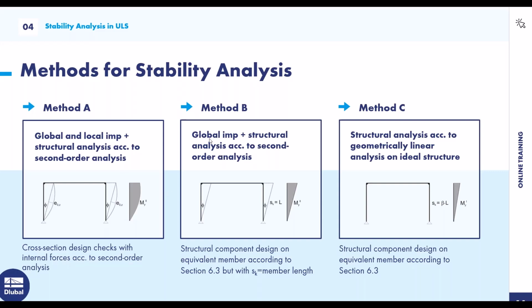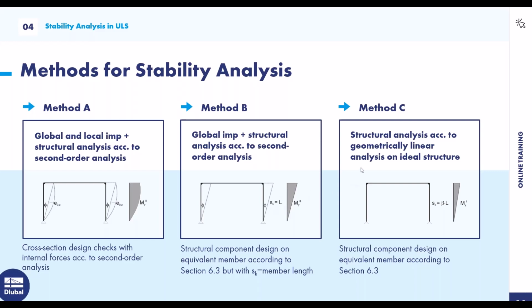Method B: global imperfection, meaning only the initial sway imperfection, and then the structure analysis according to second order analysis. And what's quite important, you have to consider the buckling length as the member length, not with a factor. Sk is equal to the length.